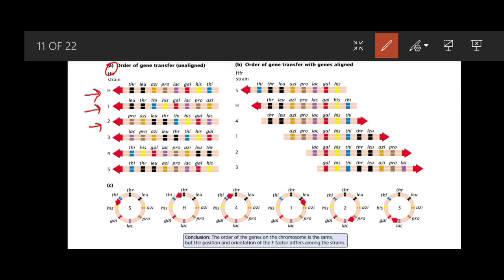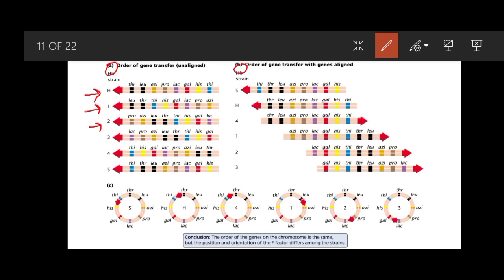But when we align these genes, we can also, when we look at the second figure, where order of gene transfer with aligned genes is given in different strains, the orientation of insertion of the F factor is different.